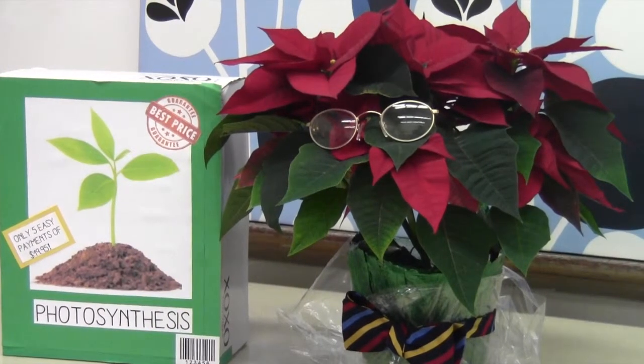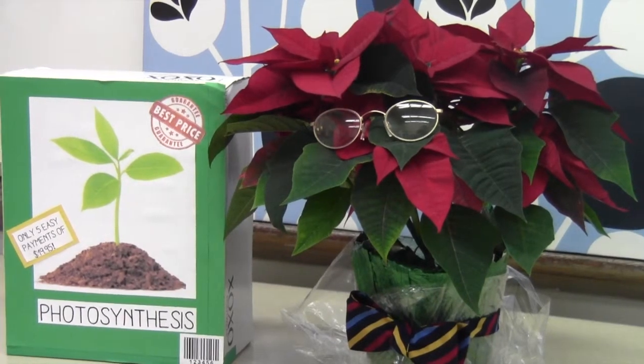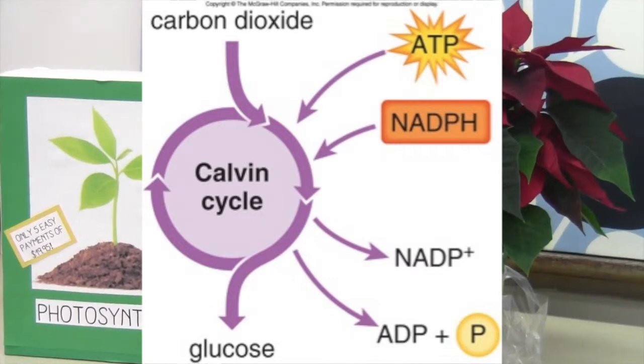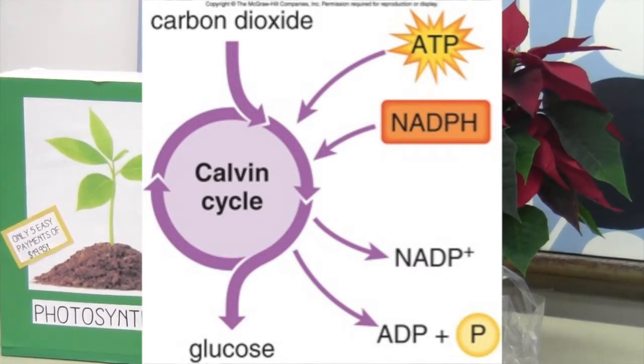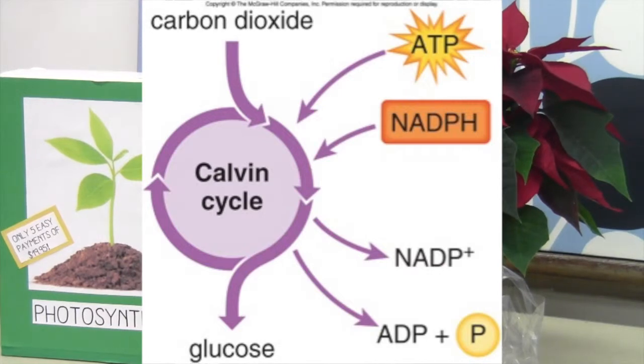Welcome back to the Professor Plantsburger show, starring me, Professor Plantsburger. We left off with the light reactions, the first process of photosynthesis. Now we shall discuss the Calvin cycle, the second process. The Calvin cycle takes the ATP and the NADPH produced by the light reactions and, using carbon dioxide, makes energy-rich sugar.